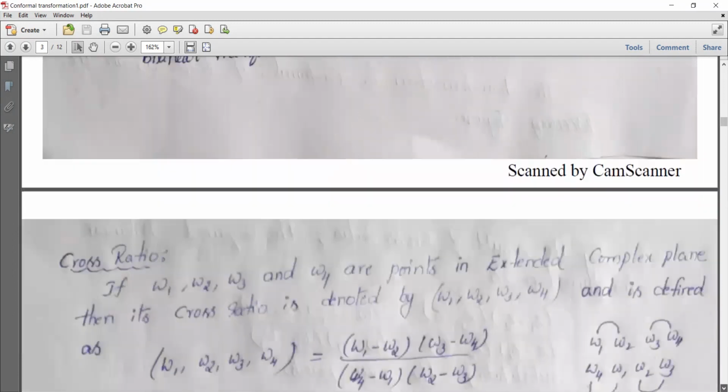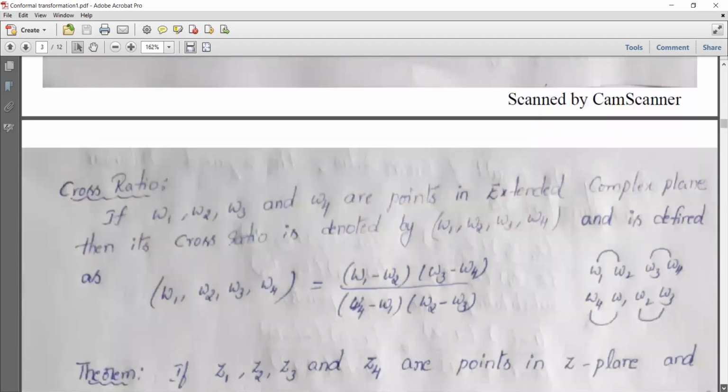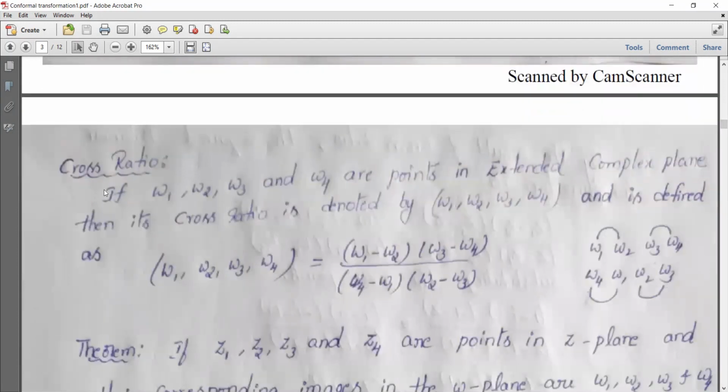Now the important definition to find the bilinear transformation is the cross ratio. If W1, W2, W3 and W4 are points in the extended complex plane, that means these four points in one complex plane, then their cross ratio is denoted within brackets as (W1, W2, W3, W4).